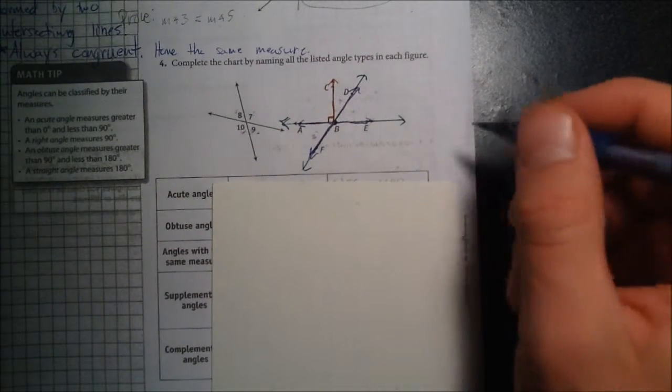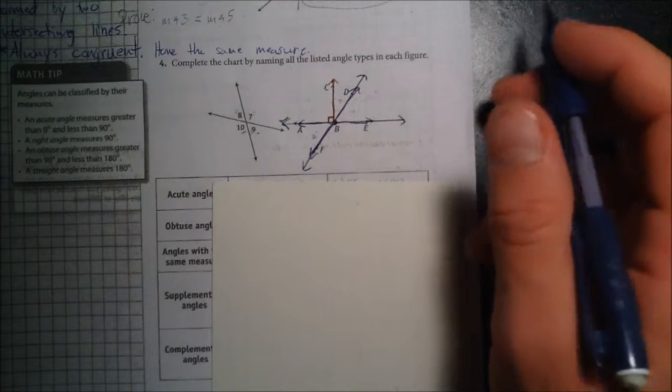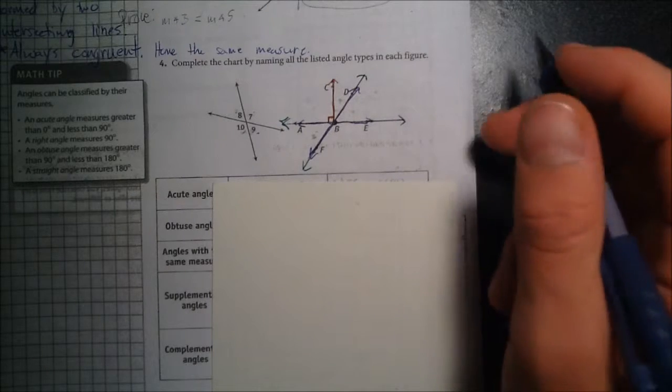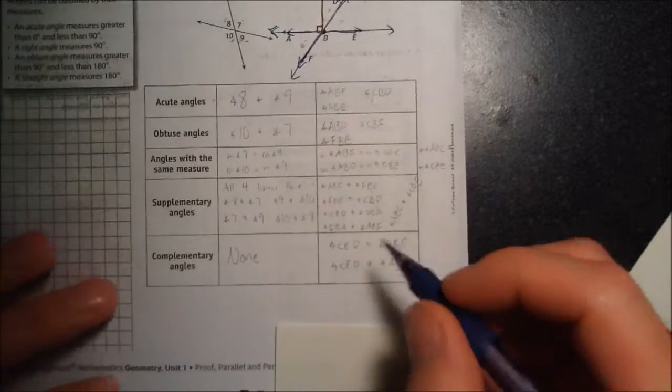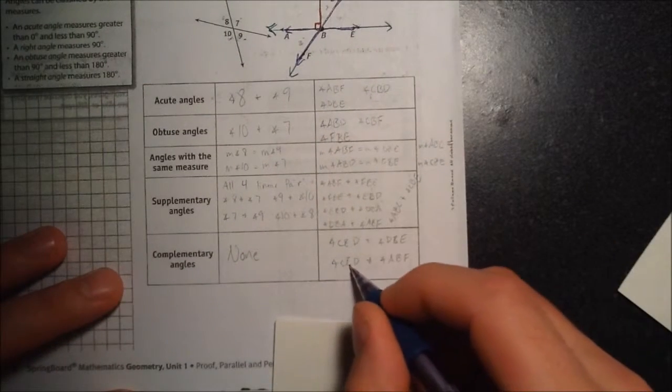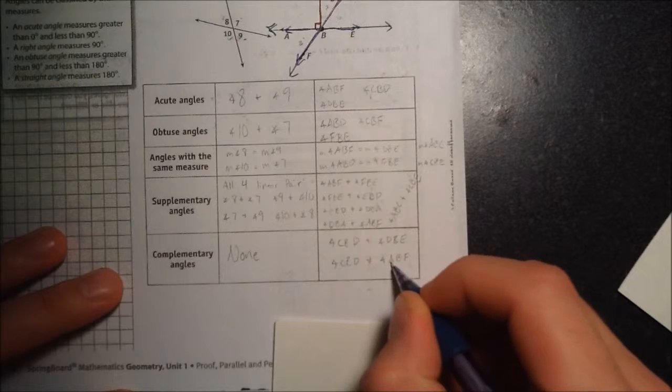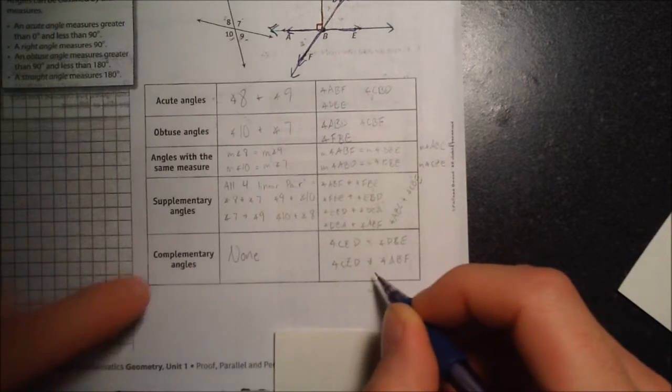Complementary angles don't have to be adjacent. They don't have to be right next to each other. They don't have to have a common vertex. They just need to sum up to be 90 degrees. So that's why the last one, angle CBD and angle ABF, those two angles are complementary angles.